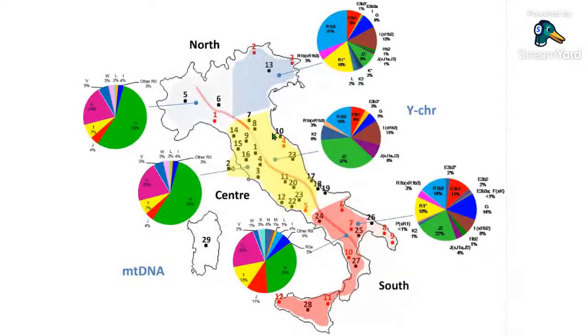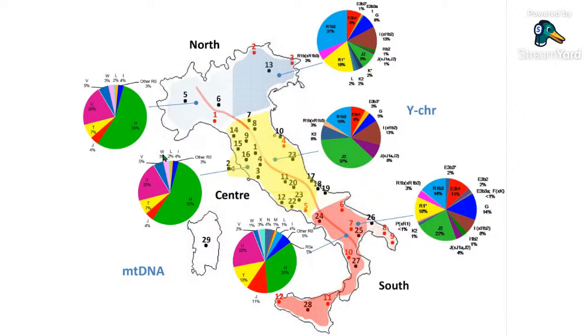So here's what I was talking about before, the mitochondrial DNA. Notice the H here, the percentage of the H and the U. The H and the U, the J, the T. This is basically the Middle Eastern Semitic lines.